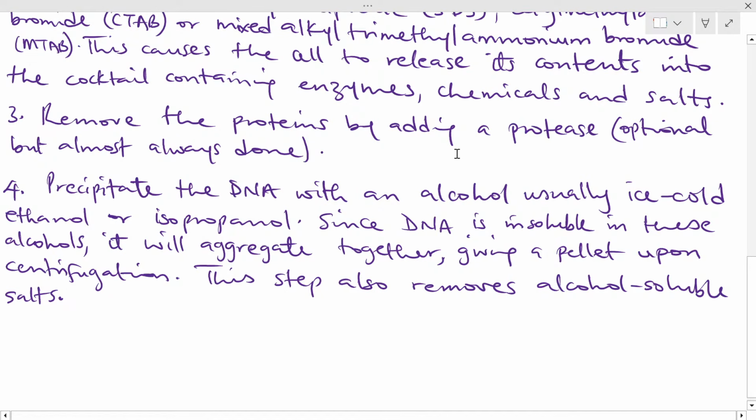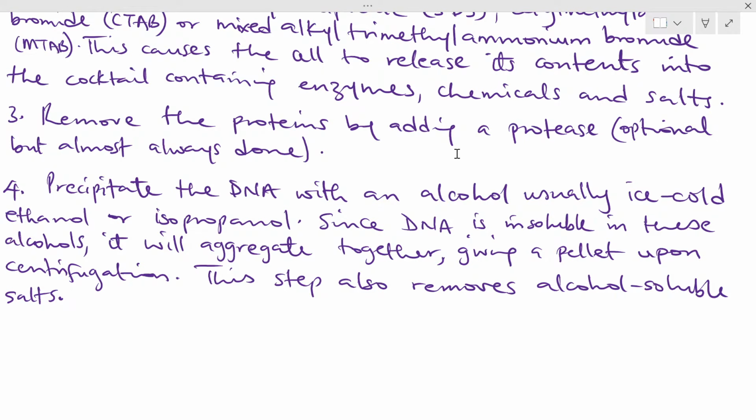Then you do a wash with your ice cold ethanol or isopropanol. Since the DNA is insoluble in these alcohols, it will aggregate or precipitate together, giving a pellet usually at the bottom of the tube upon centrifugation.